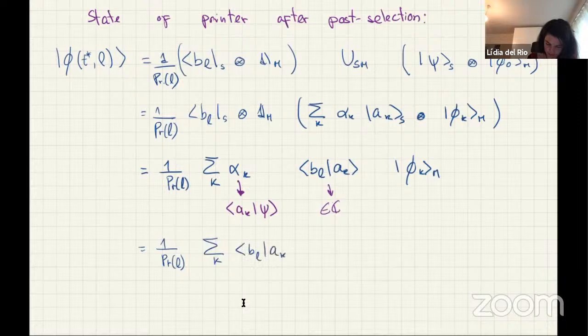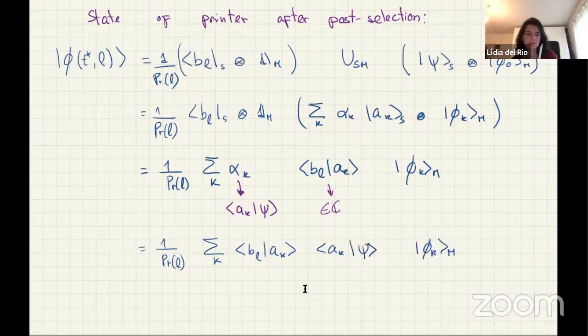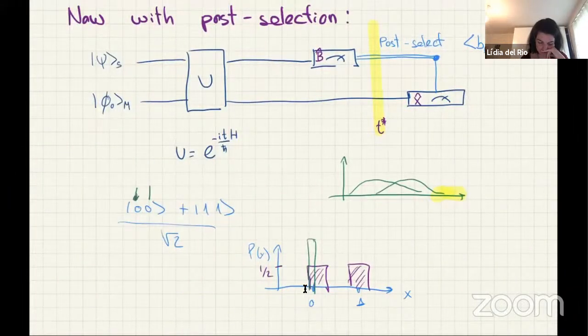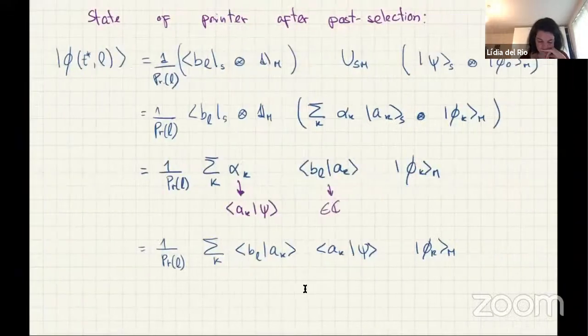BL, AK, AK. Initial state. Okay, good. And now we ask, look, this is a pure state because, again, because we post-selected in the same way that if we post-selected on Alice always getting 0, then we also get a pure state on Bob's side here, right? Instead of the mixed state. Good.